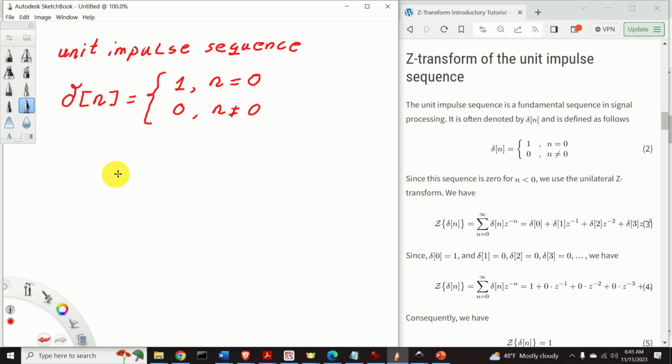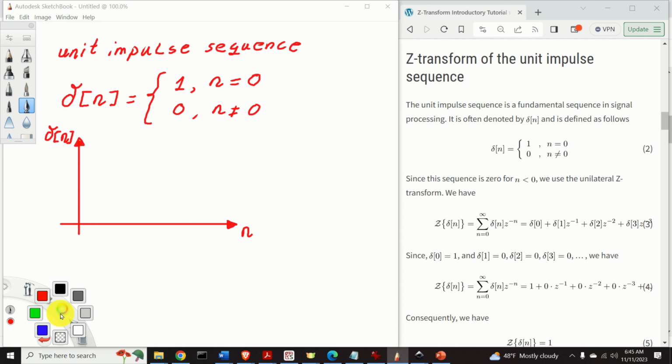Let us graphically represent this sequence. On the horizontal axis, I will place n, that is the discrete time, and on the vertical axis, I will place delta of n. Let's look at this definition.